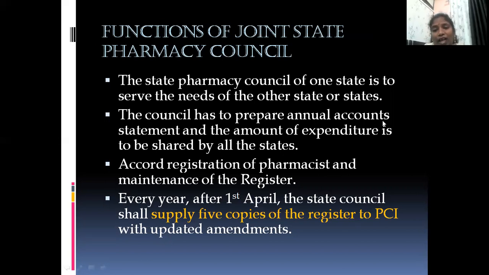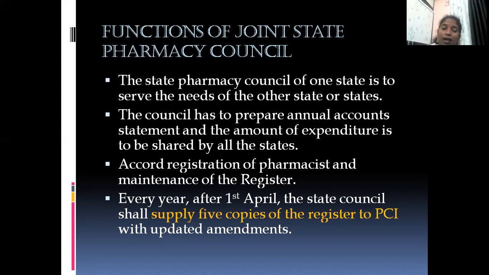The council has to prepare the annual accounts statements and the amount of the expenditure, shared by all the states. Whatever annual fees they have to submit to the PCI, same as the state pharmacy council. According to the registration of the pharmacist, they maintain the register. Here also they maintain one register containing the names of persons who are qualified from the courses.